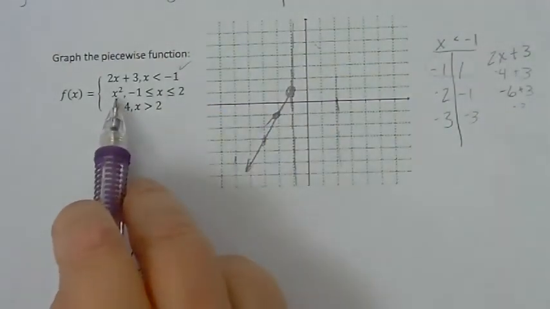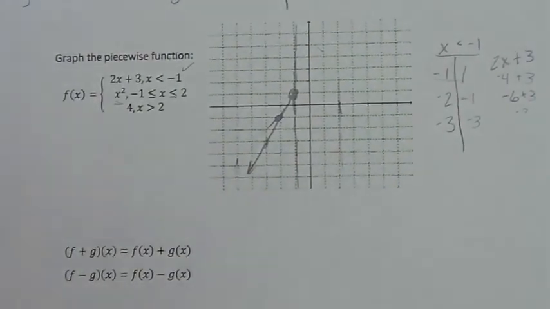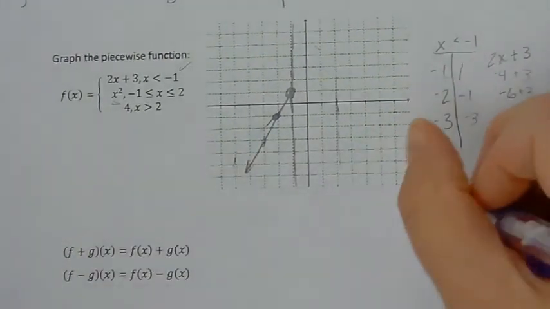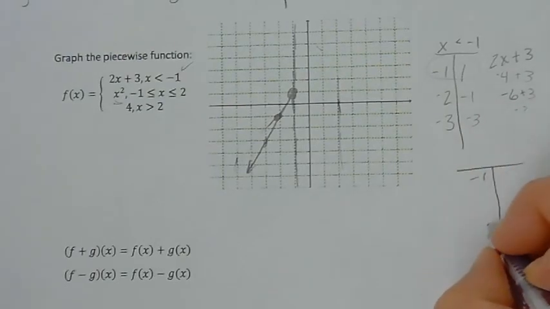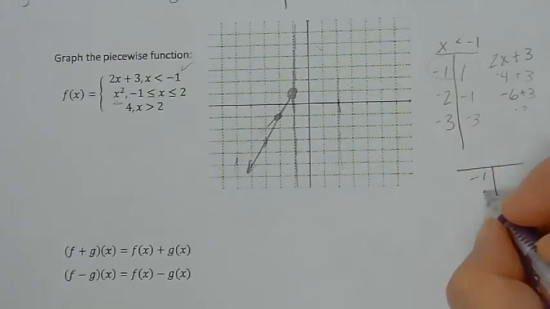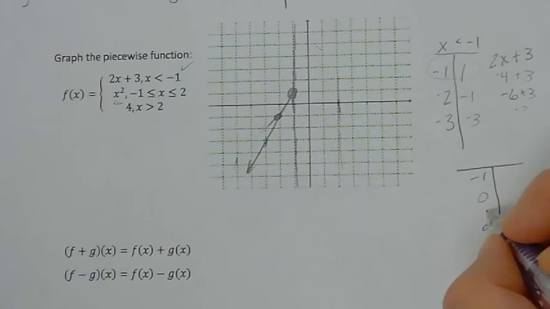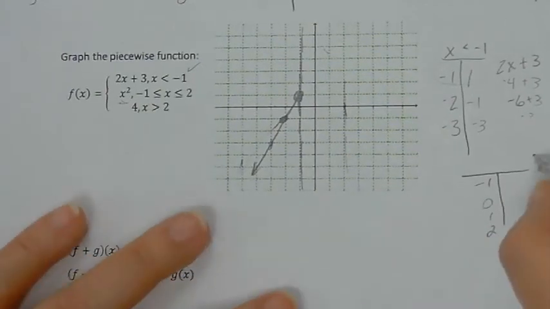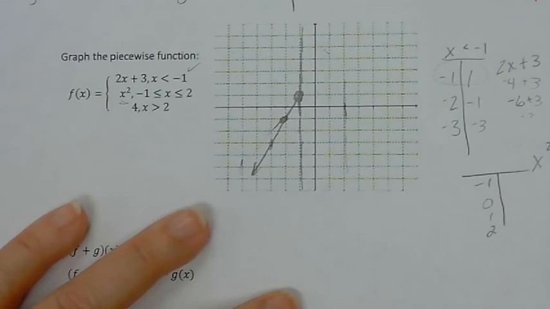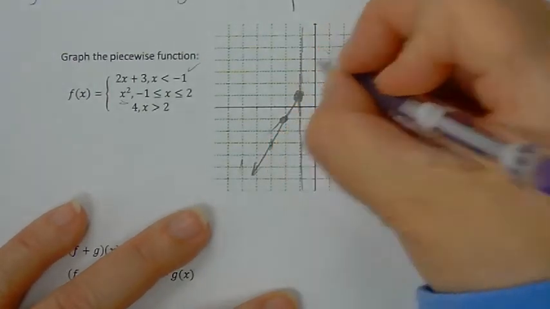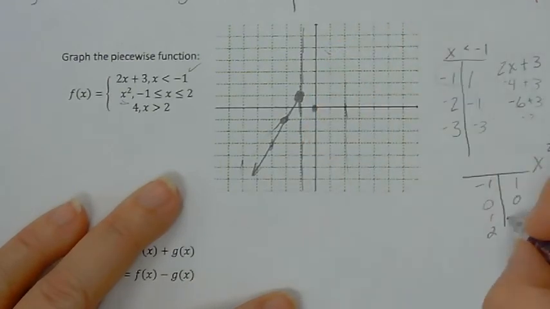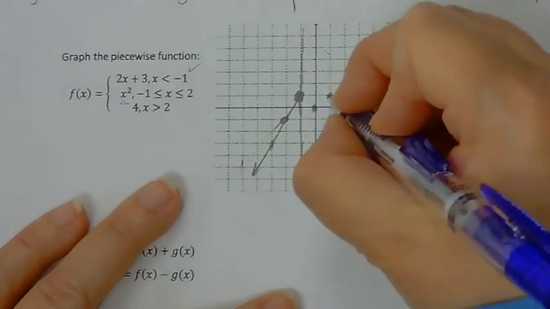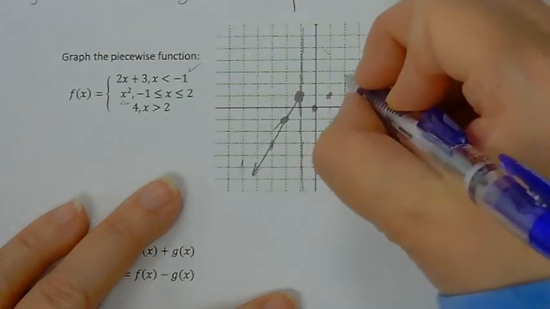Okay, think about this one. This is the function y equals x squared, and it's going to happen between -1 and 2. So I'm going to pick numbers between -1 and 2, like 0 and 1, and I'm going to put them into the function x squared. -1 squared is 1, so that's right here. 0 squared is 0, that's right here. 1 squared is 1, and 2 squared is 4.